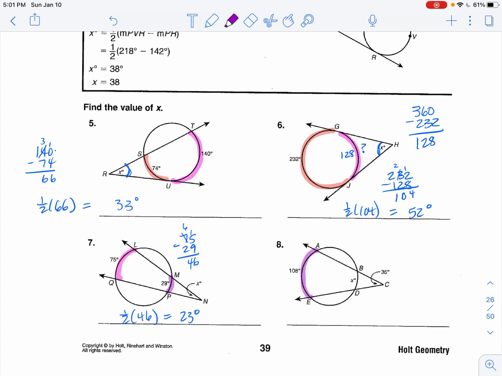And last problem, the larger arc, we have again two secants, 108. We're going to subtract the smaller arc, which is this time the x, and we're going to multiply that by a half, and that's going to equal 35. So this time we're going to have to set up an equation. So 1/2 of 108 minus x is going to equal 35. So when we're solving for x this time, I would multiply both sides by the reciprocal of 1/2, or 2/1.